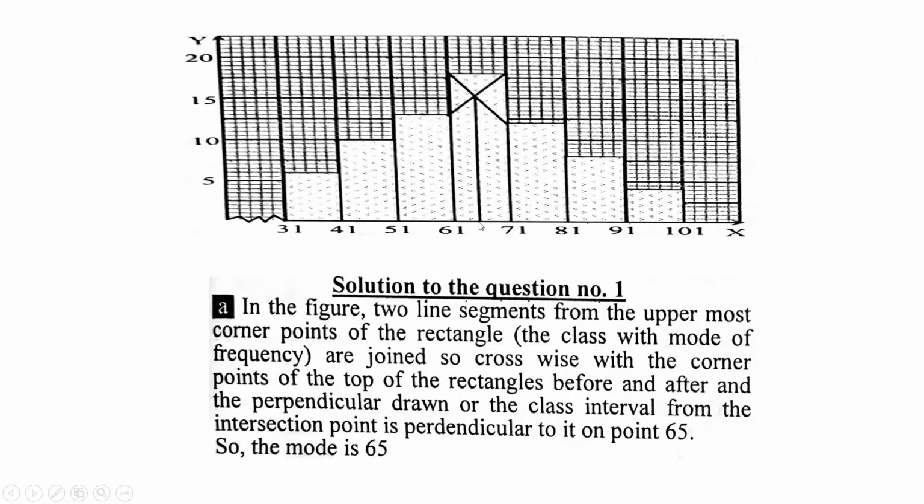That is the middle point of 61 to 71, that is 65. So using the histogram we can easily find the mode. So in this figure the mode is 65.